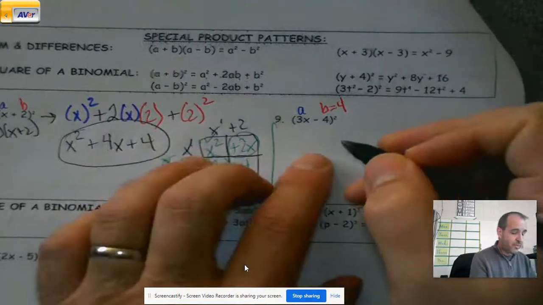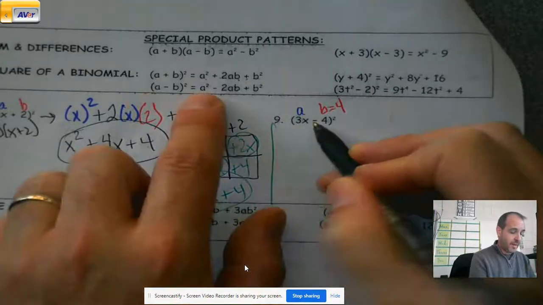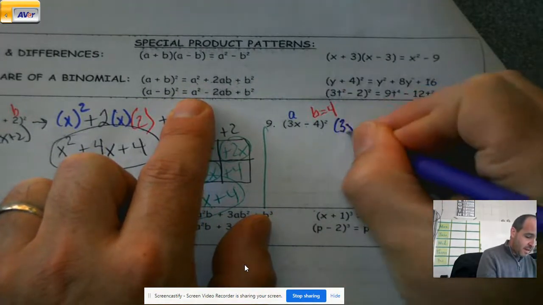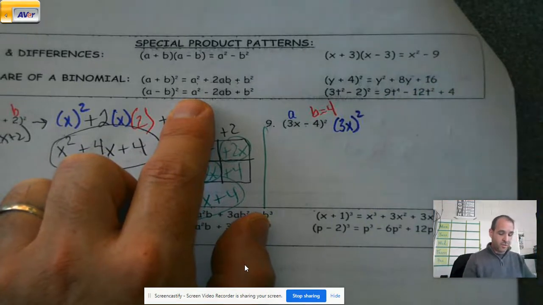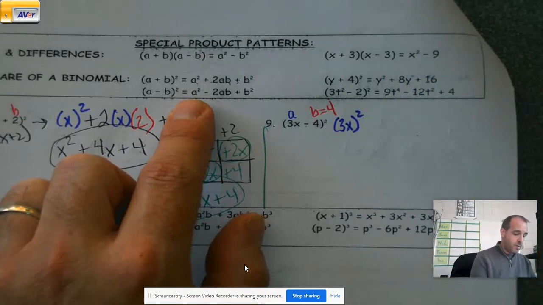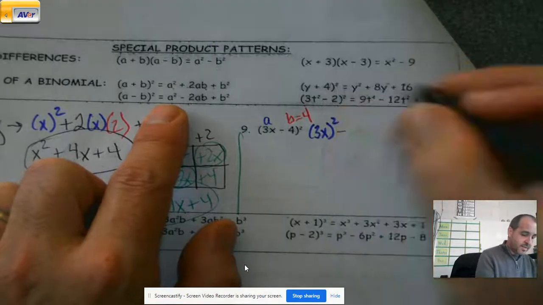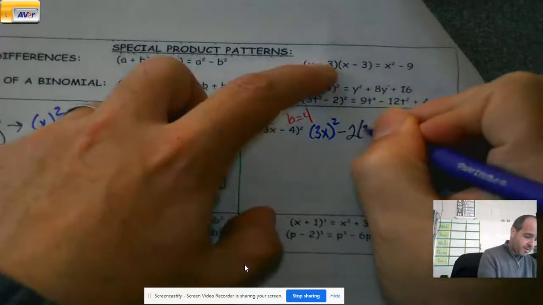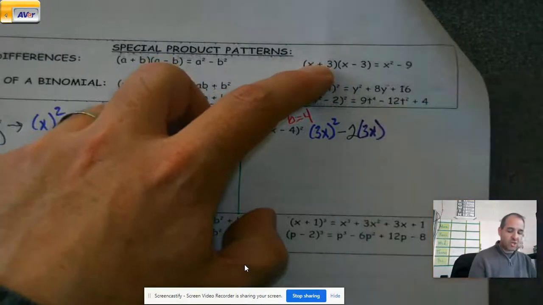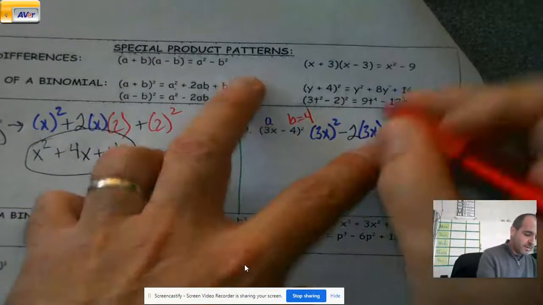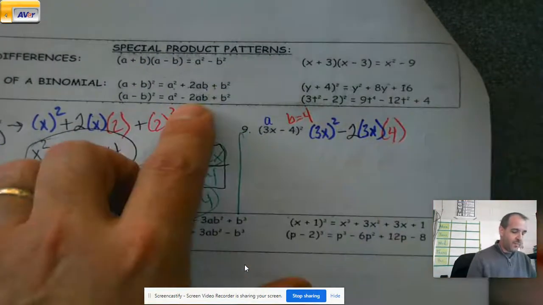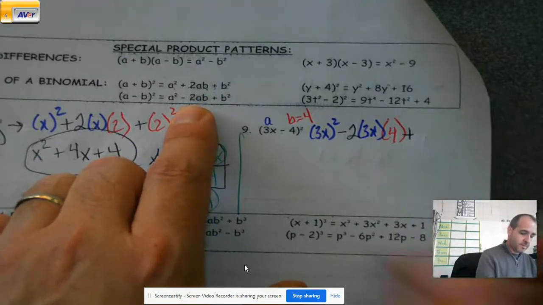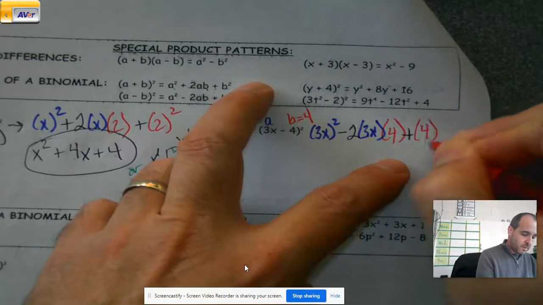So if I'm going to do it with the pattern, now it's a minus in the middle. So I've got A squared, so square my first term, minus 2 times, and again, it looks worse when you write it out, 2 times A times B, plus B squared.